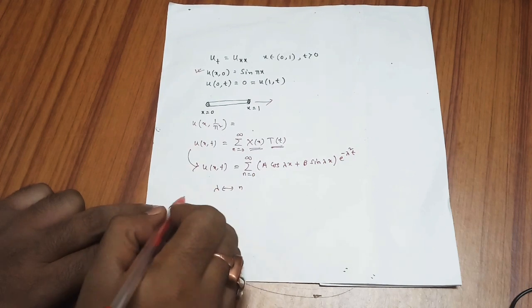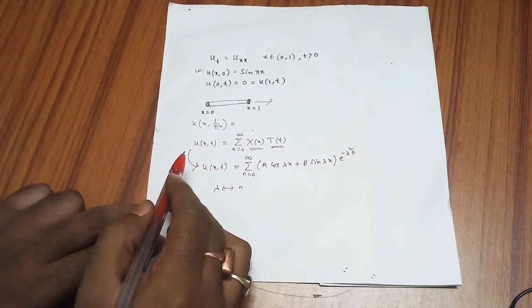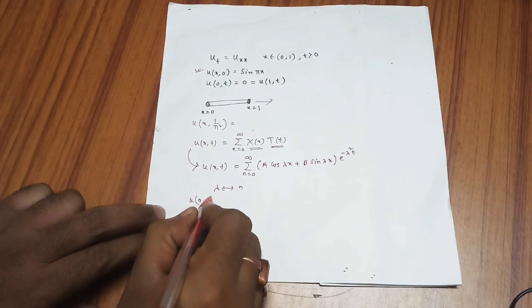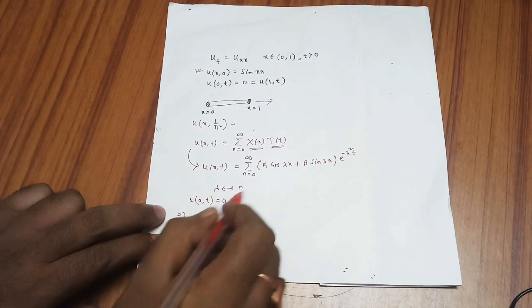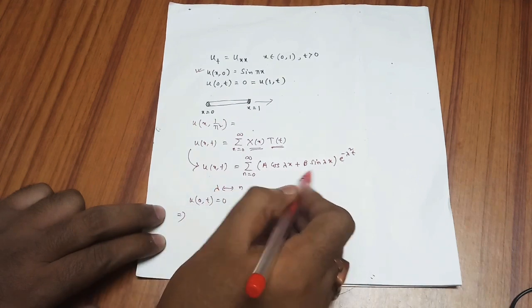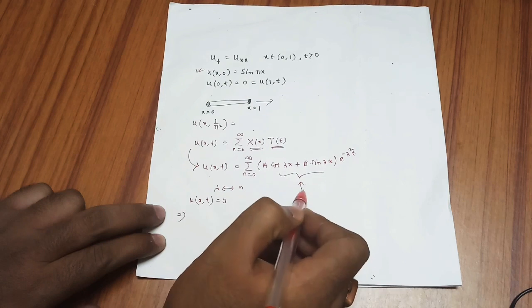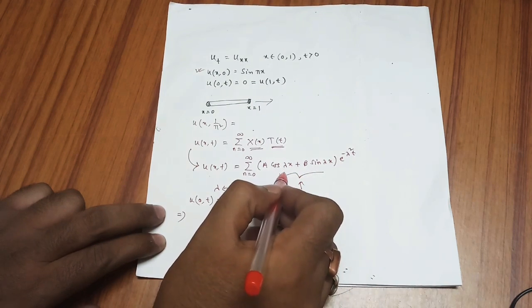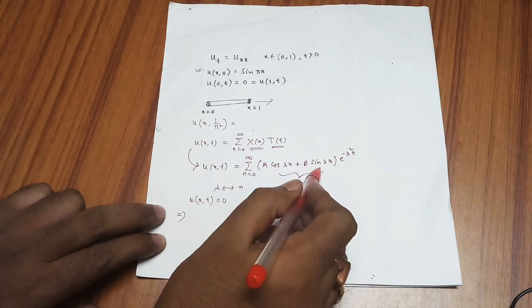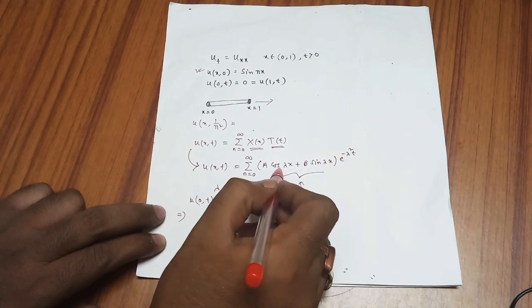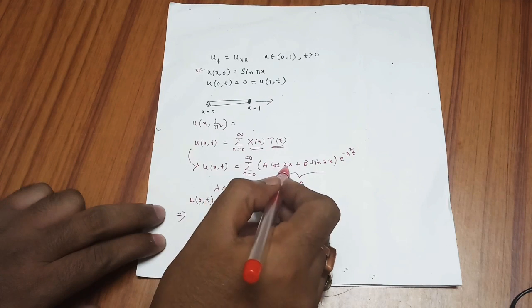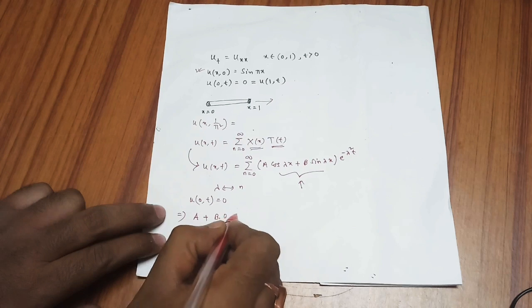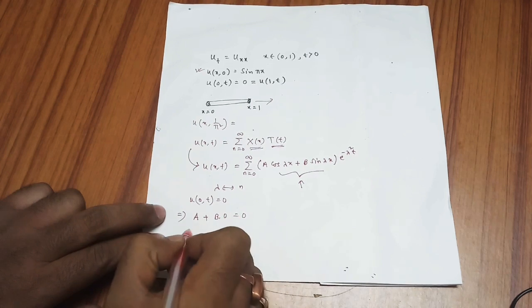For that purpose, we'll use the conditions given in the problem. First of all, use u(0,t) equals 0. Look at the expression involving x: if you use x equals 0, the sine part will vanish and the only remaining term is a cos 0, that is a, plus b into 0, which equals 0.